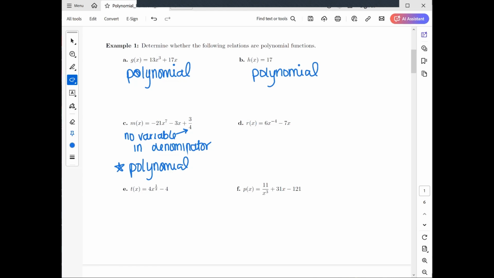Part D, r of x is equal to 6x to the negative 4 minus 7x. That guy right there has a negative exponent on our variable, which means that he is not a polynomial.